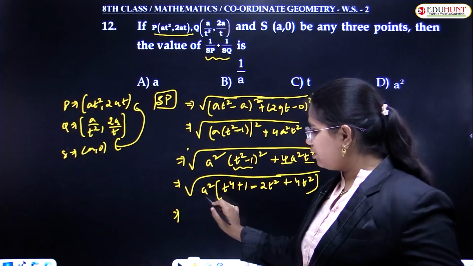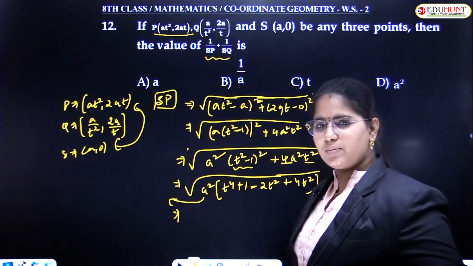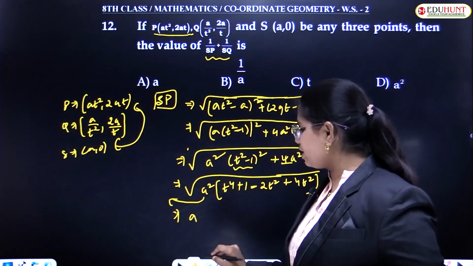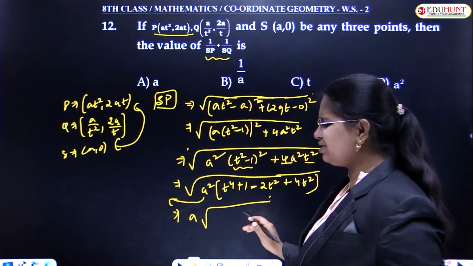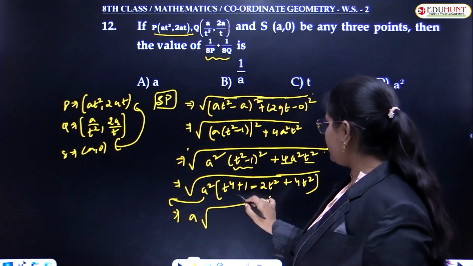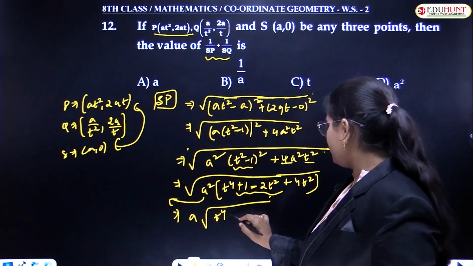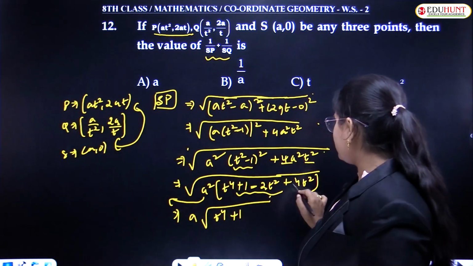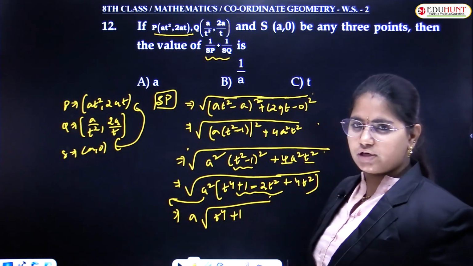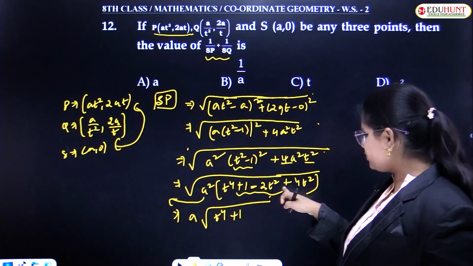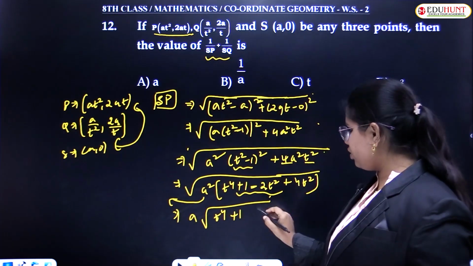Root a square comes out, so what happens? The square root cancels, you are left with just a, and this particular value becomes t power 4 plus 1 plus 2t square minus 2t square plus 4t square. Minus 2 plus 4, like terms add together, what do you have?